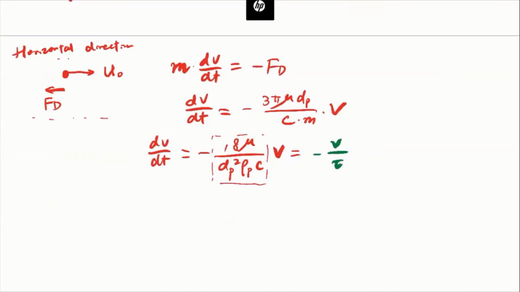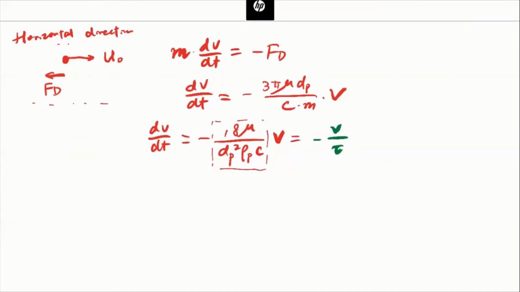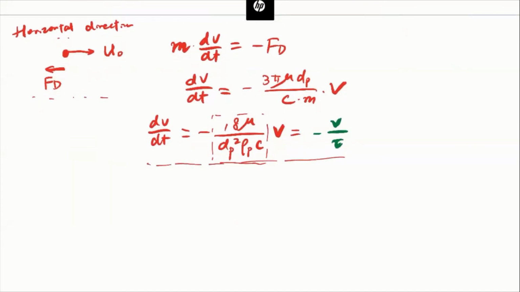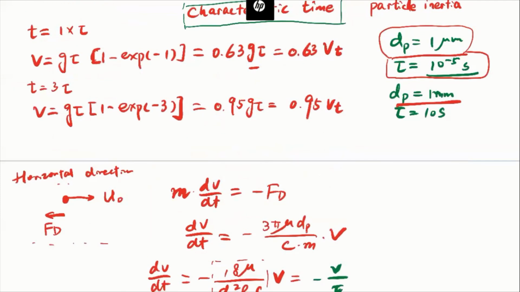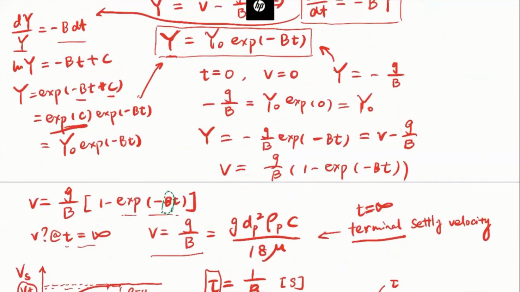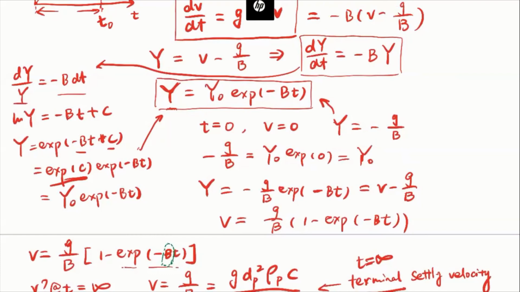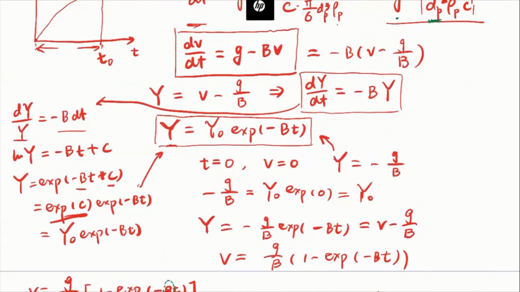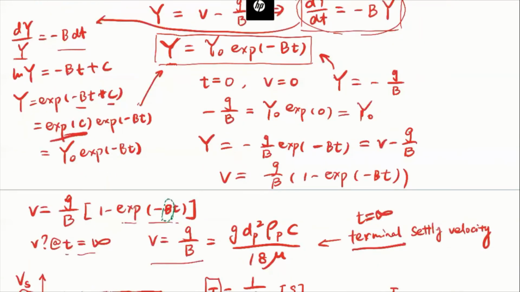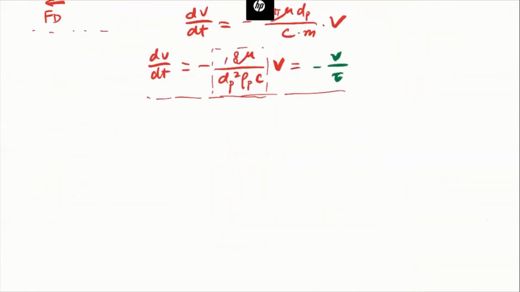For this differential equation, it's going to be easier compared to that one, because for that one we have to substitute this whole term as y, and finally we got a term that looks like this. But this equation is directly simplified into this form, so we can directly solve for the velocity v here.